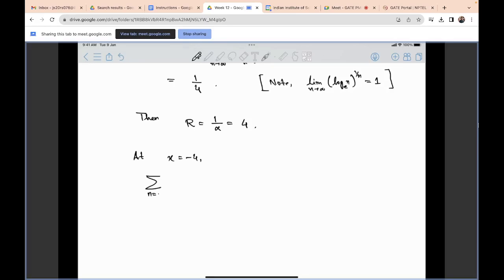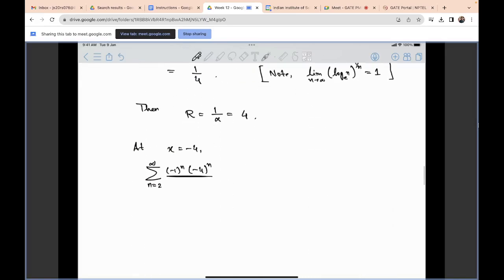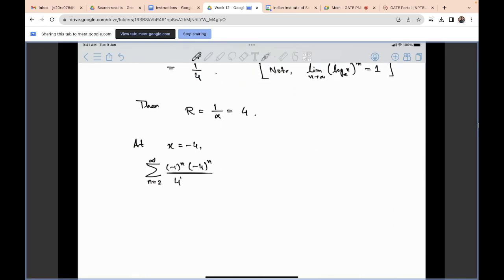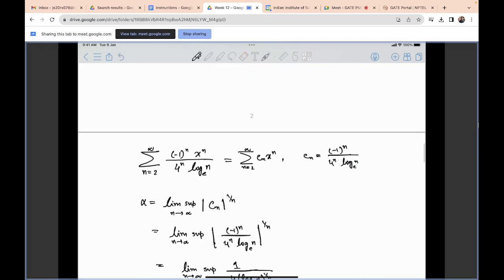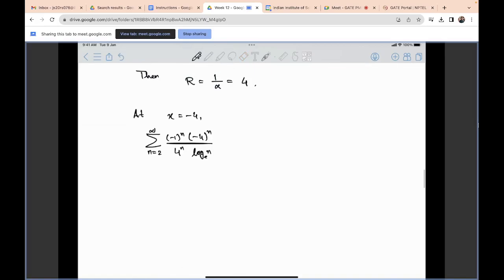The sum for n equals 2 to infinity of (-1)^n, with x equals minus 4, so (-4)^n by 4^n log_e n.